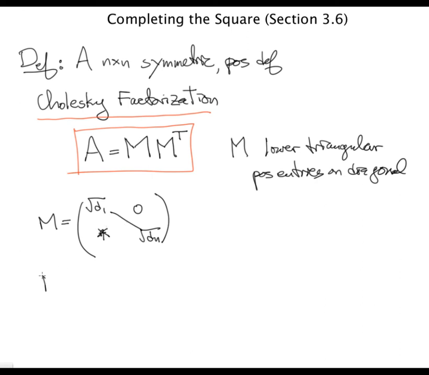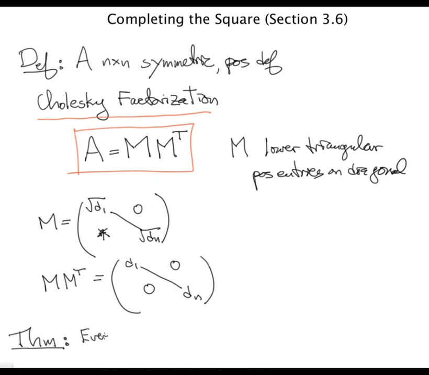And so then M transpose is d1 down to dn and zeros everywhere else. And we basically just proved that every such A has a Cholesky factorization.